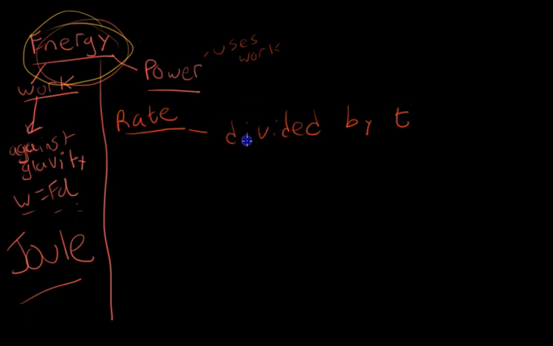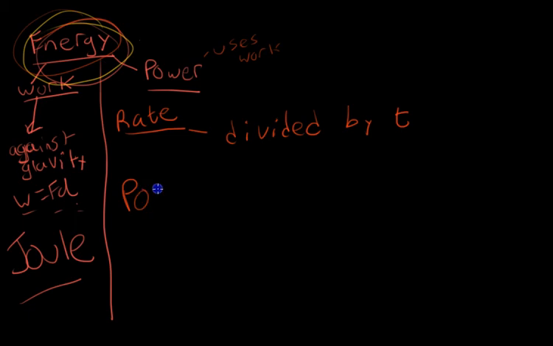Always divided by time. So a rate is how fast something is being done in terms of time, whatever that something is, be it how fast something is changing velocity, so acceleration.